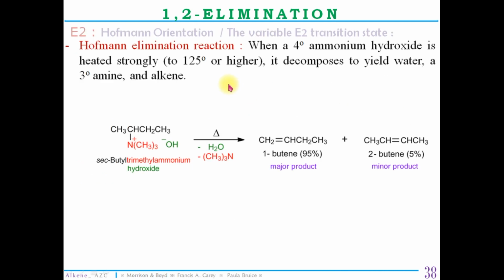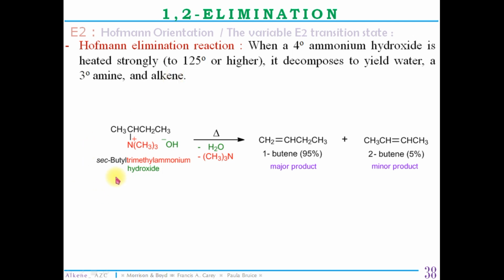Hofmann elimination reaction is when a quaternary ammonium hydroxide is heated strongly up to 125 or higher degrees Celsius. It decomposes to yield water, a tertiary amine and alkene.